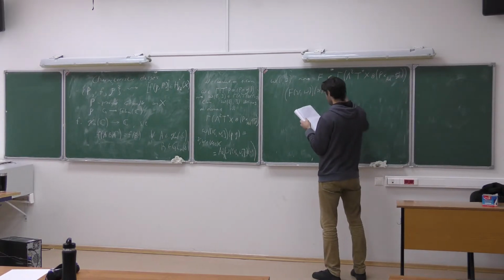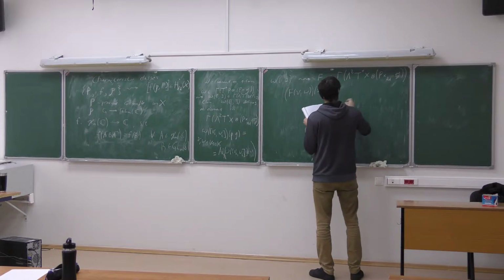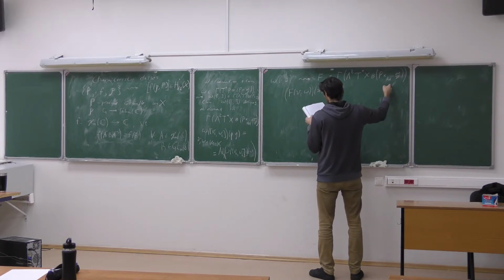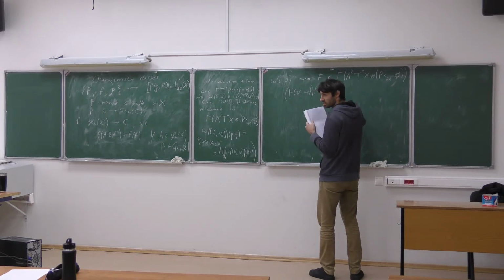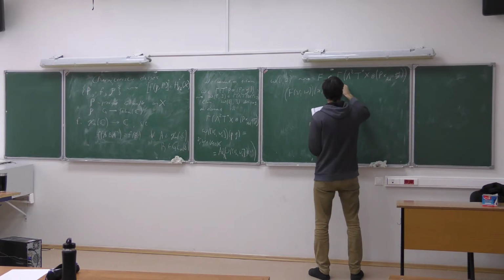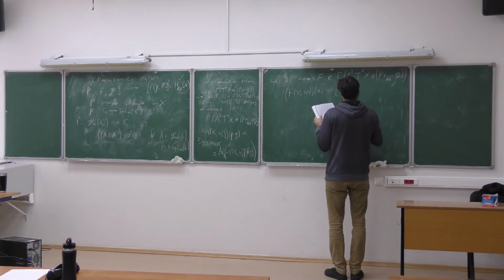So I define this element as follows. An element in here is an equivalence class of pairs from here. So it's an equivalence class with the following representative.